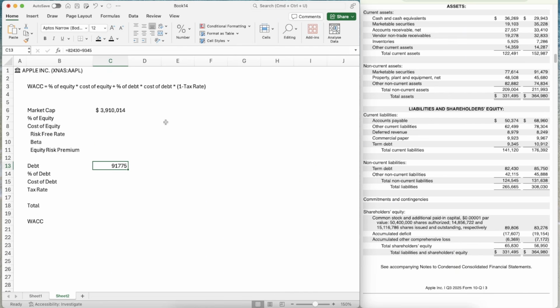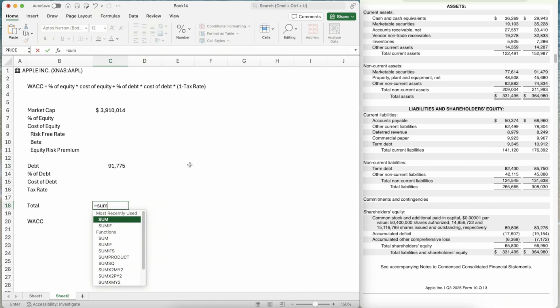So 91 billion of debt. Yeah, looks good. We want total here.